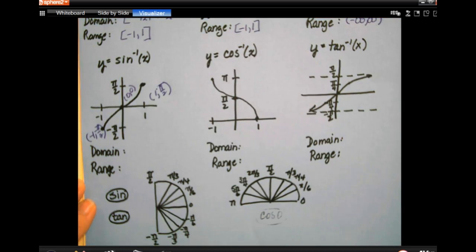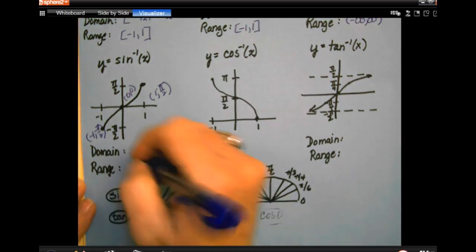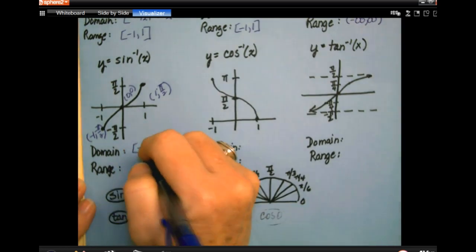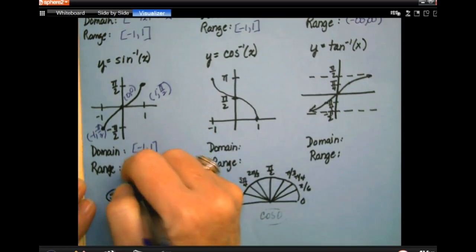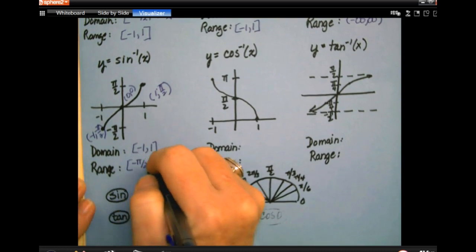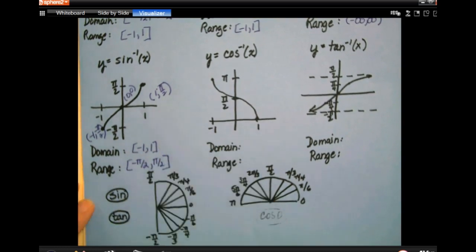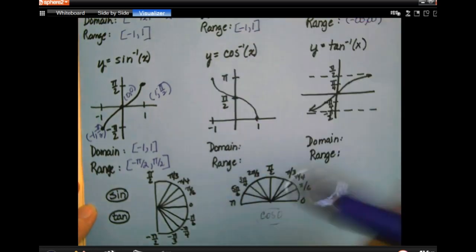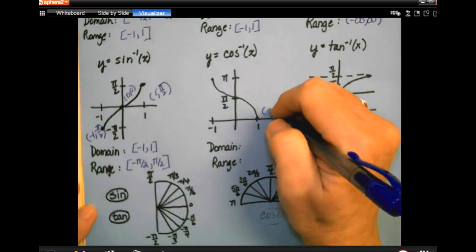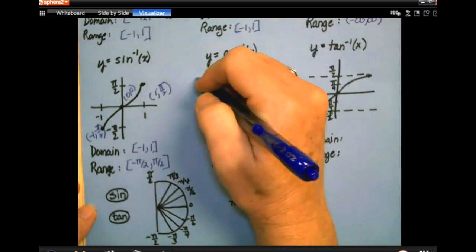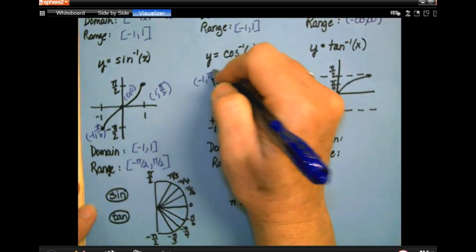Since we switch the x and the y, we also switch the domain and range. So it's negative 1 to 1 and negative pi over 2 to pi over 2. And the cosine, if we switch, this is going to be 1 and 0. This is going to be negative 1 and pi.